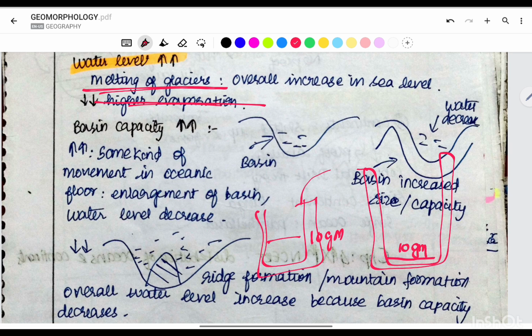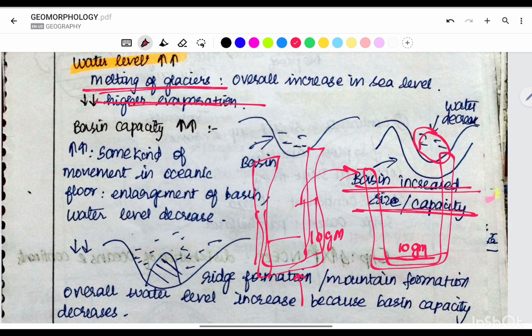The cup's capacity is increased because of upliftment. Somehow it has uplifted over here, right? This upliftment may be due to the interior forces, endogenetic forces, right? The basin increased its size or capacity, therefore the water seems to be decreased, right?